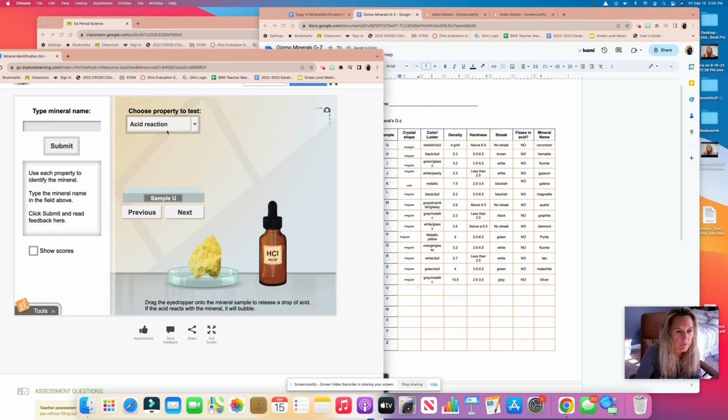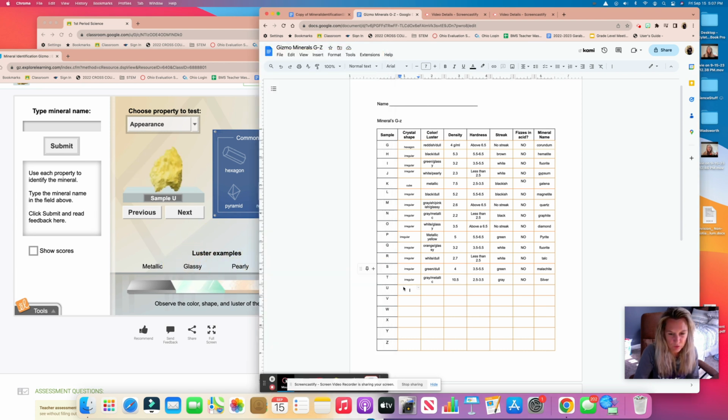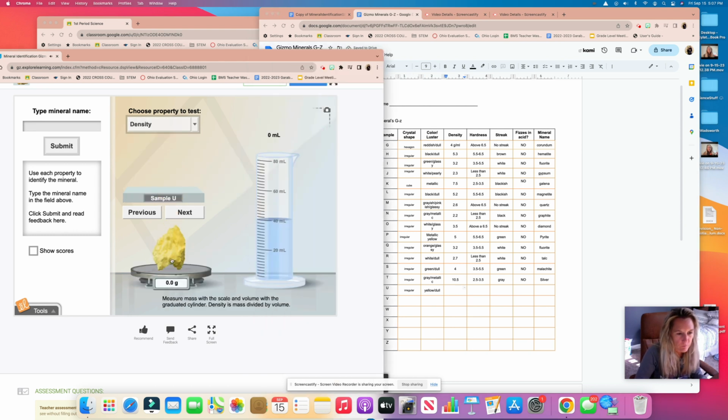All right, next we have U. So let's start with appearance. Okay, so this is definitely like irregular, and it's more of a dull yellow. So we're gonna go irregular. It's yellow and dull. Let's do density. 60.9 divided by 29.